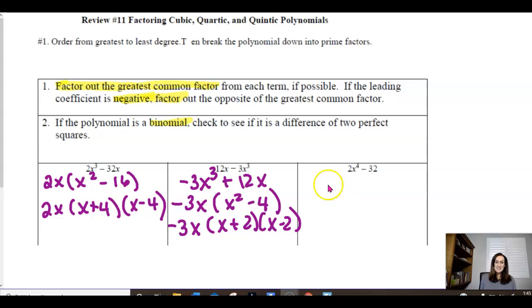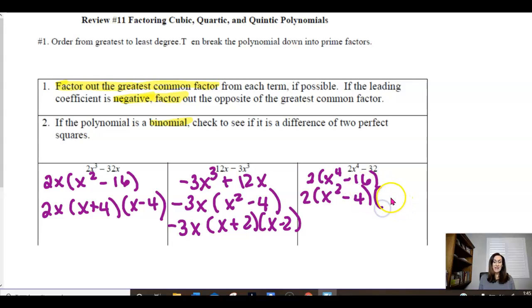Example, I have a GCF of 2. So when I factor the 2 out, I still have an x to the 4th subtract 16. X to the 4th subtract 16 is a difference of two squares because x squared times x squared is x to the 4th, and 4 times 4 is 16.